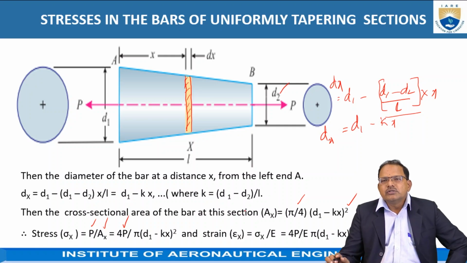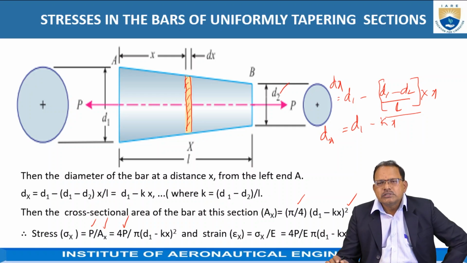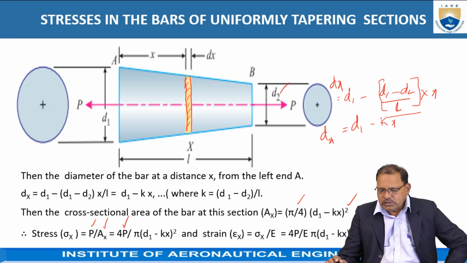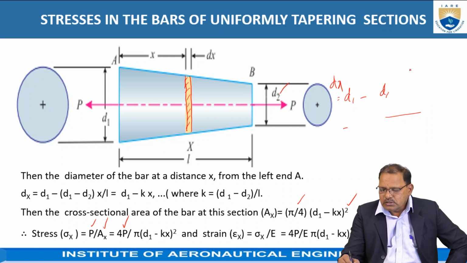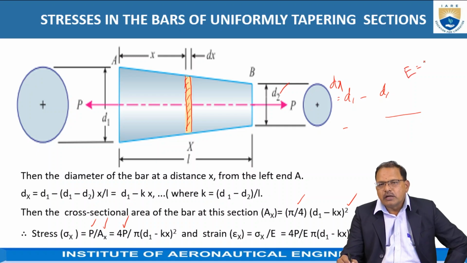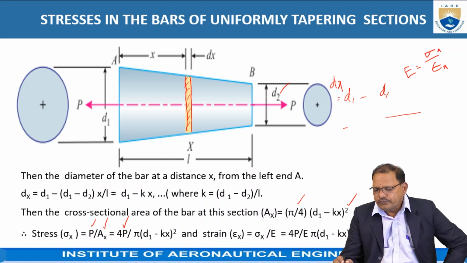So strain can be written from stress by strain equals Young's modulus. Young's modulus E equals stress divided by strain. Here the strain at a distance of x is epsilon x, and sigma x represents the stress.